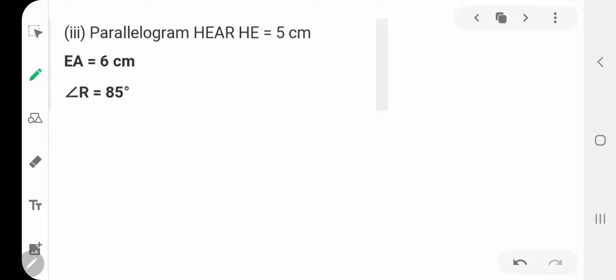We have to draw a parallelogram HEAR, where HE is given as 5 centimeters. EA is given as 6 and angle R is given as 85. So we'll just draw a rough structure. HE is given as 5 centimeter. EA is given 6 centimeter. It's a parallelogram, so obviously your opposite sides will be equal.